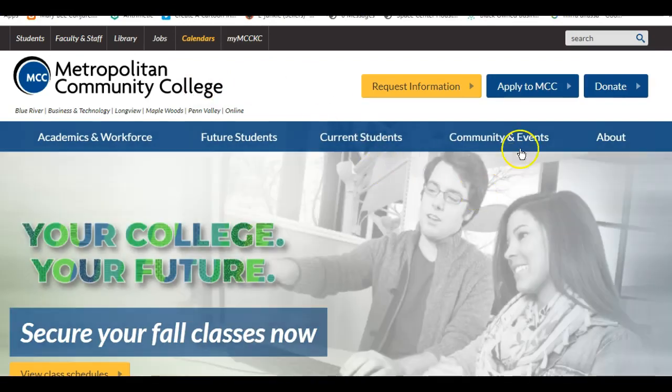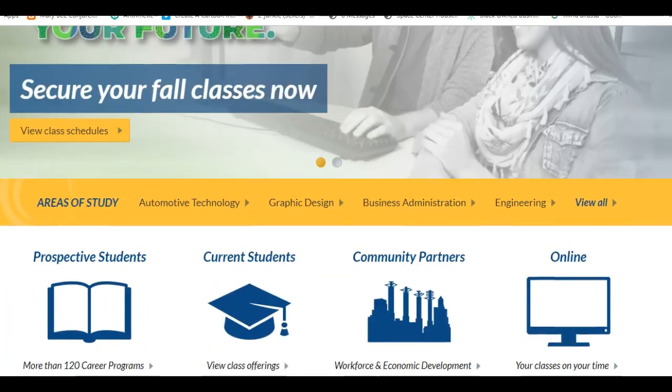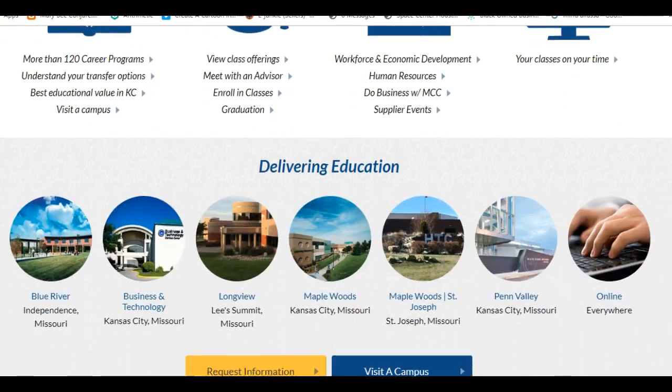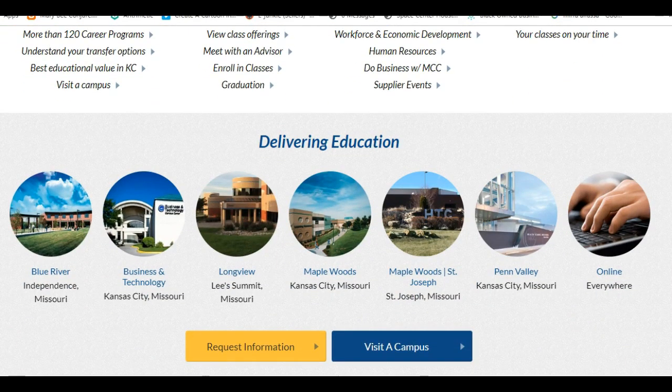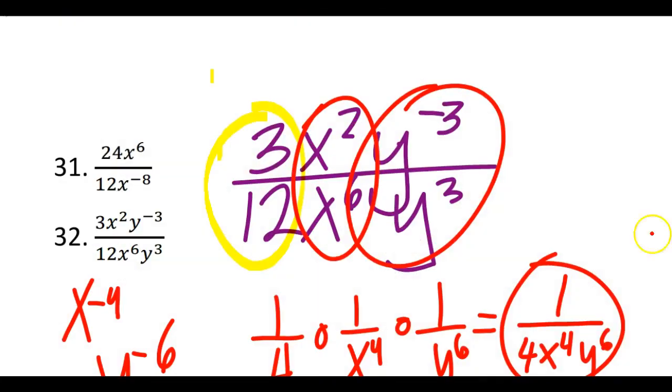Metropolitan Community College. So you would be doing this type of math in your first or second year of college, and you're able to do it now. So are you proud of yourself? Yeah, you should be. Great work.